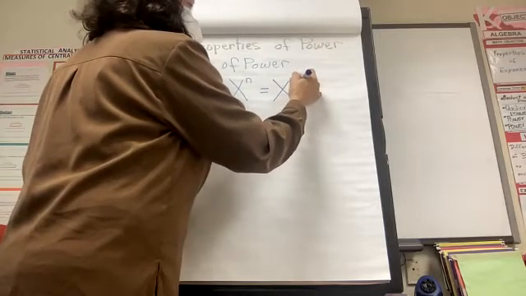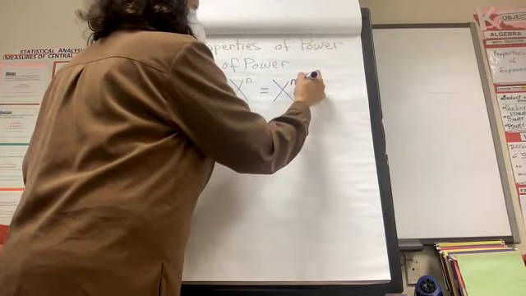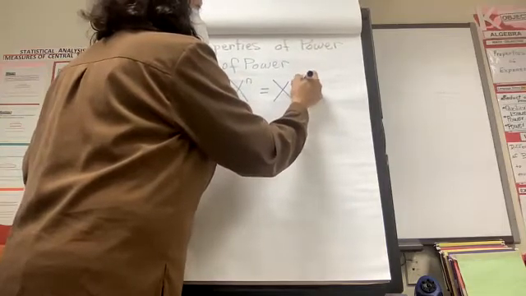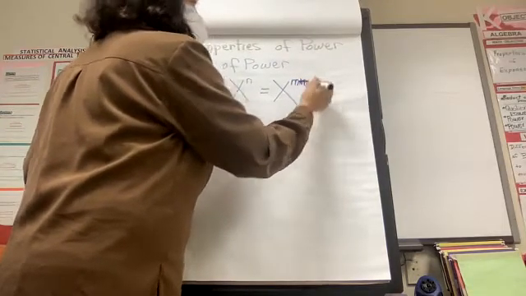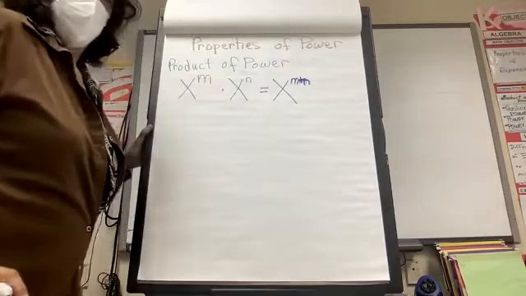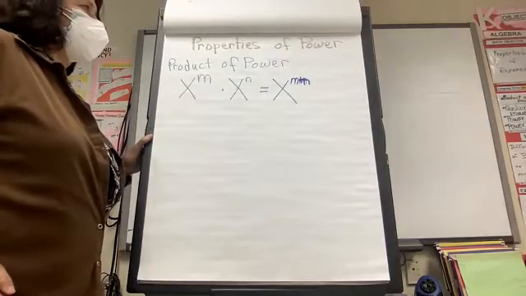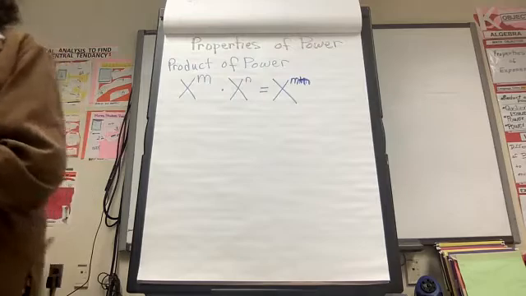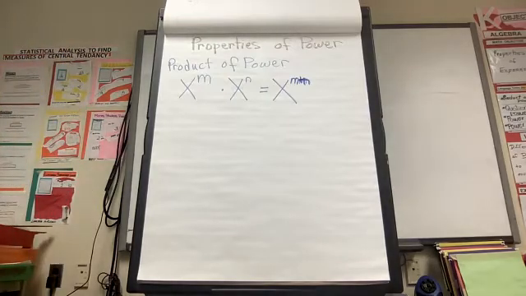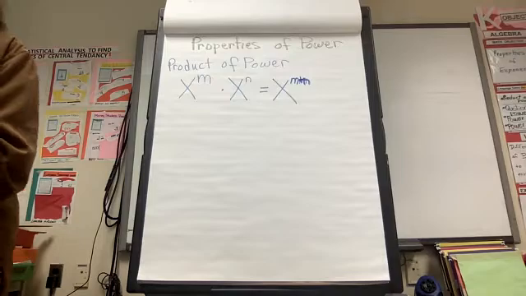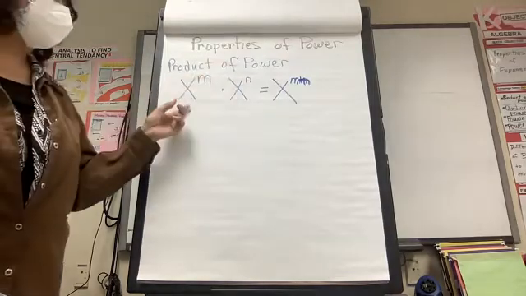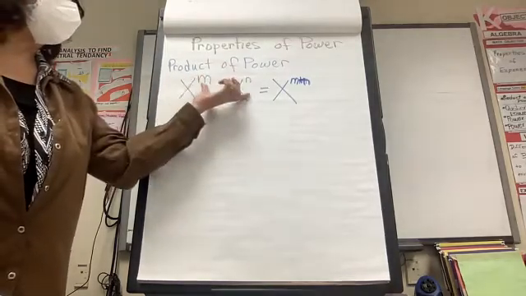X to the m plus n, because the powers add. That's clear, plus. Okay, now I like to tell my students that the powers are like bossy little numbers, and they sit on the shoulder of the base numbers and they whisper in their ear.